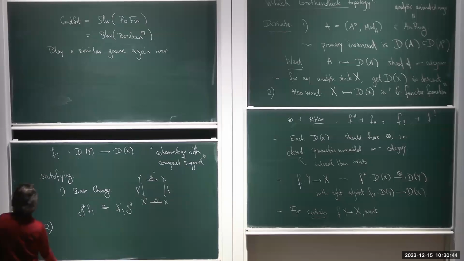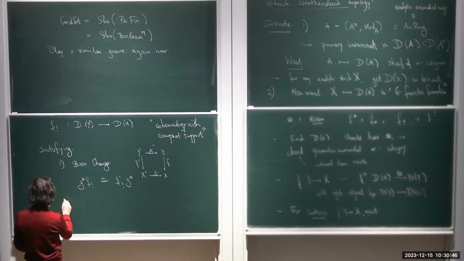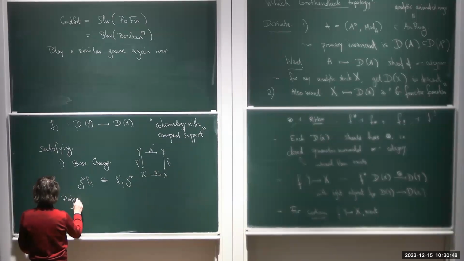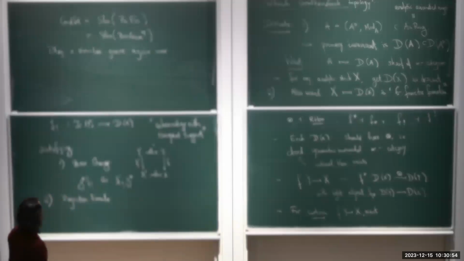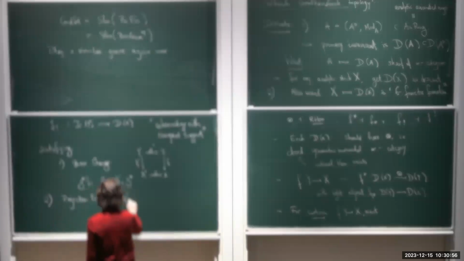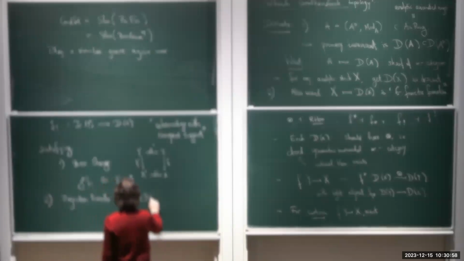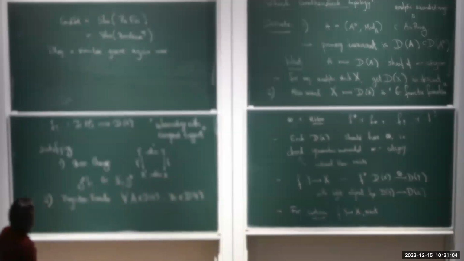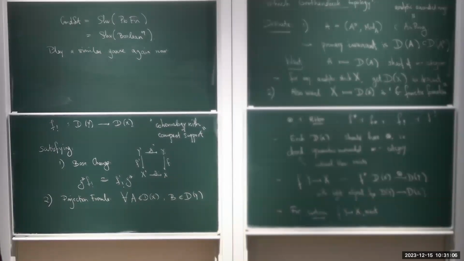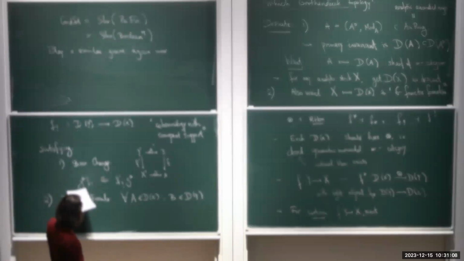And another thing that should be satisfied is a projection formula isomorphism. That for A in D of X and B in D of Y, somehow you're trying to say how these lower shriek functors interact with the existing structure.